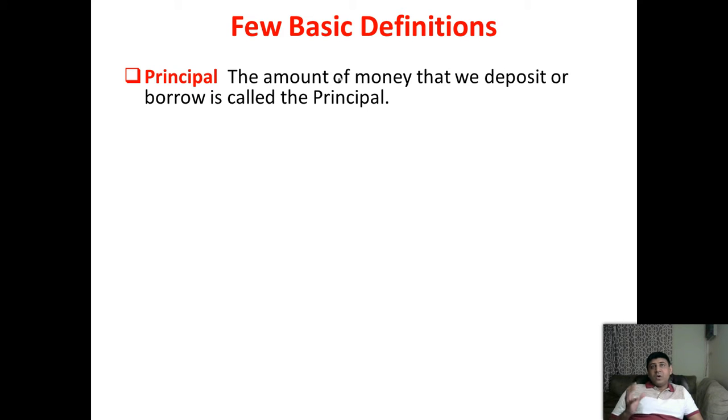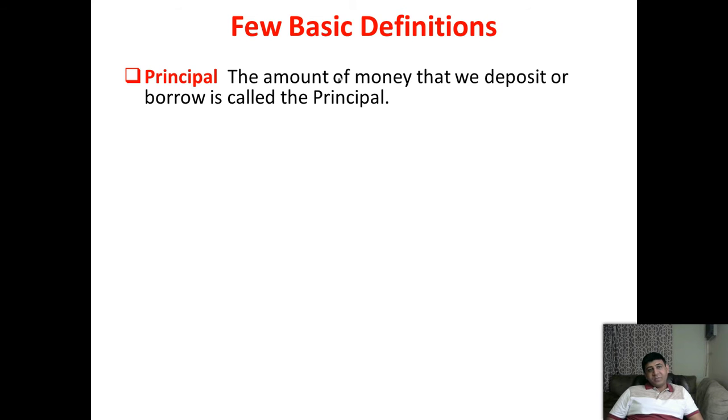If you want to calculate some interest in a savings account, then the principal is the amount which we started with, which we first put into the bank. Or if you want to calculate the interest on your loan, this is the amount of money we borrowed, so that's called principal. We'll represent it by P, capital P, in our calculations.